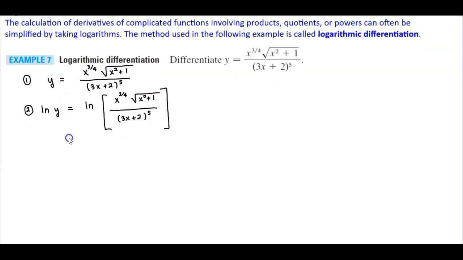Okay, so now on the left side we still have the natural log of y, and then we're going to use the laws of logarithms here.